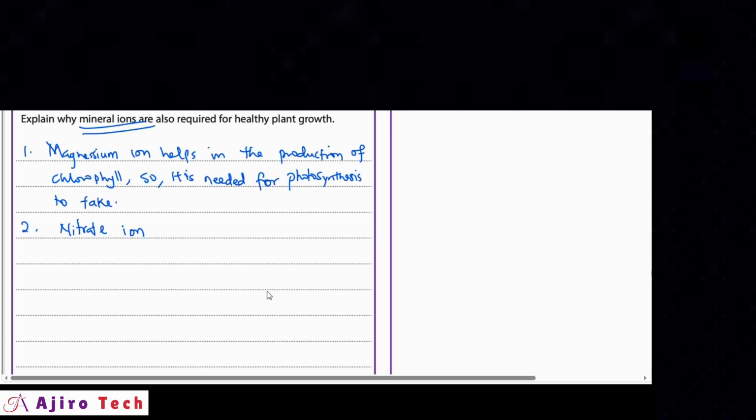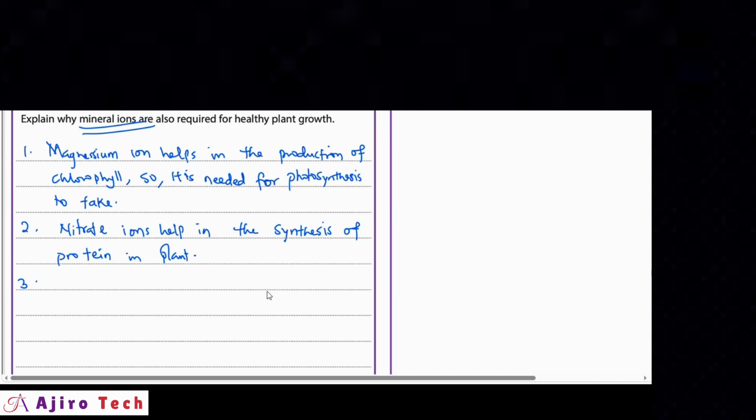You understand? So nitrate ions help in the synthesis of protein in plants.